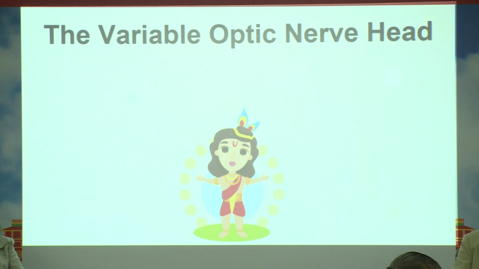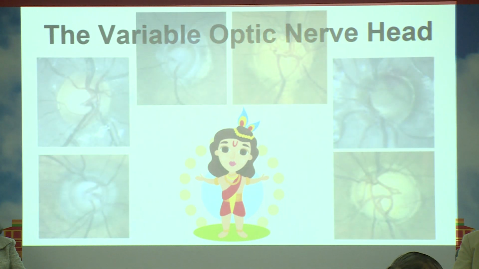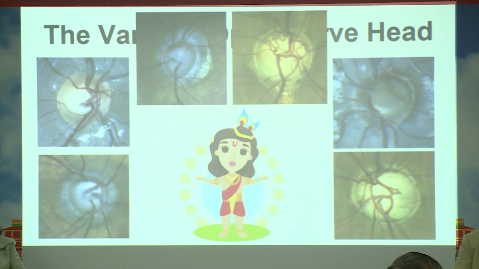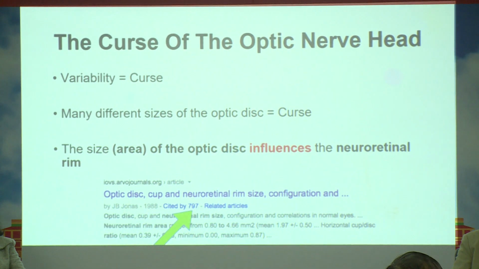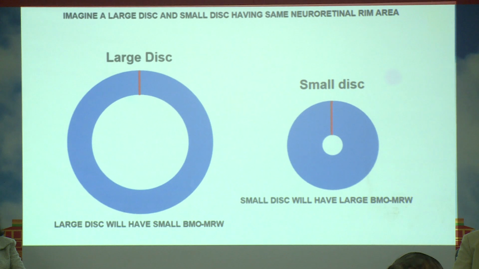Coming back to the inception, every one of us has a different optic disc. The curse of it is always that the size of the optic disc will influence the neuroretinal rim, because every one of us possesses a different optic disc with a different size. Imagine a large disc and a small disc having the same neuroretinal rim area. On the left hand side and the right hand side, both discs seem to be different, but they have the same neuroretinal rim area.